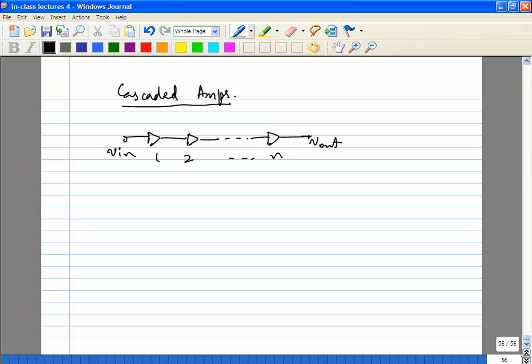We are going to assume that all n are identical and have a single pole response. So we are going to assume that the 3 dB cutoff frequency is omega naught and the unity gain frequency is omega u, for each amplifier.